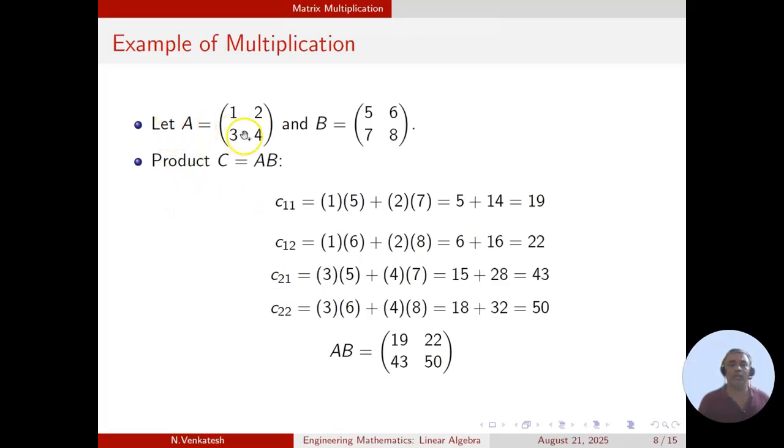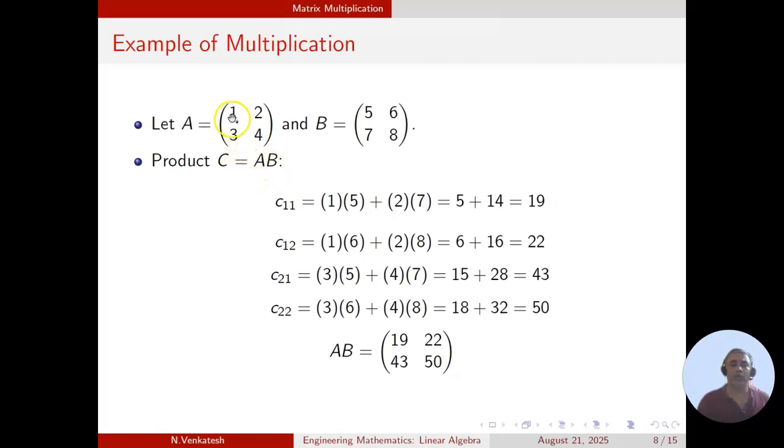To get the first row, first column element of A into B, we take the first row of A, that is 1, 2, and the first column of B, that is 5, 7, and do a dot product, that is 1 into 5 plus 2 into 7.